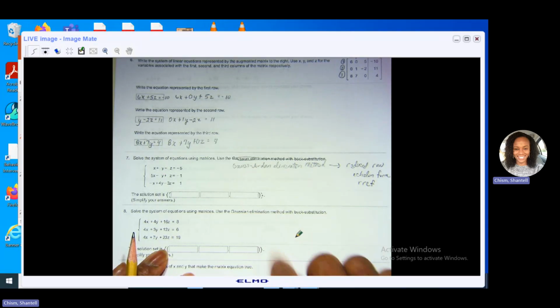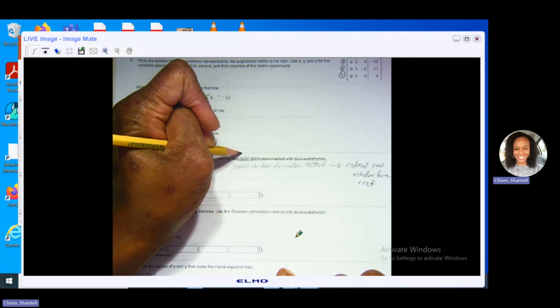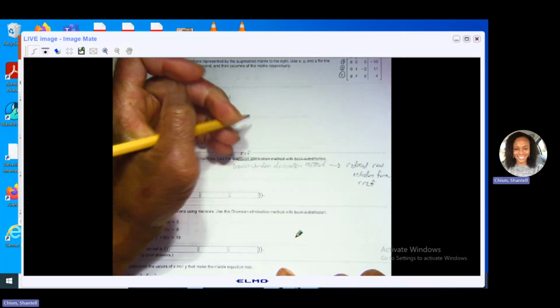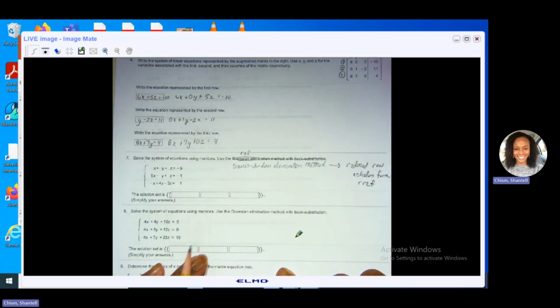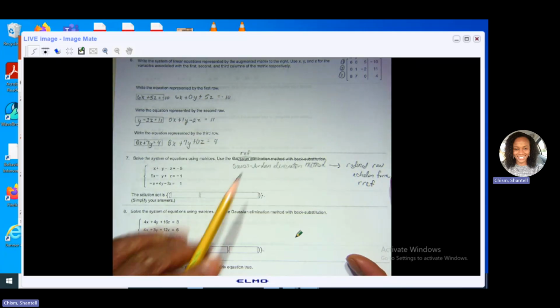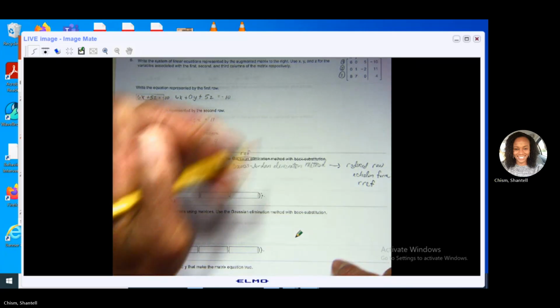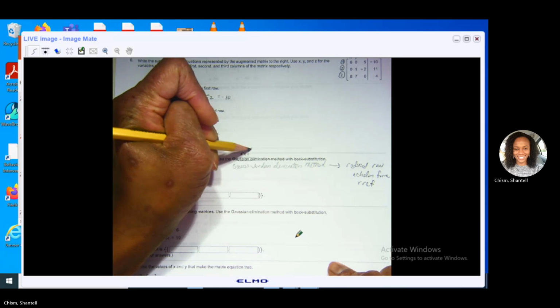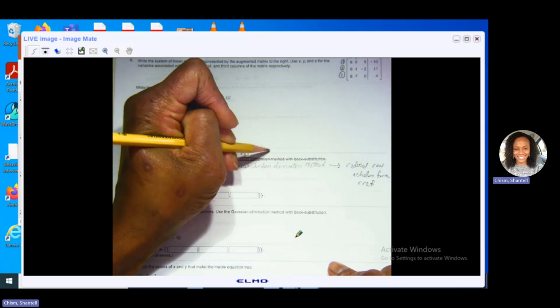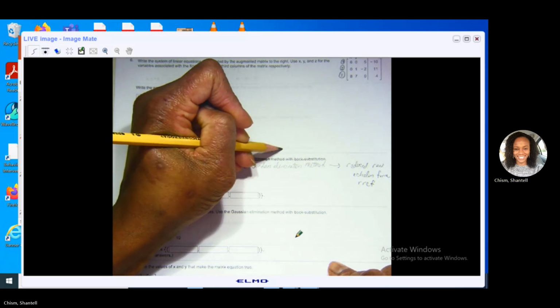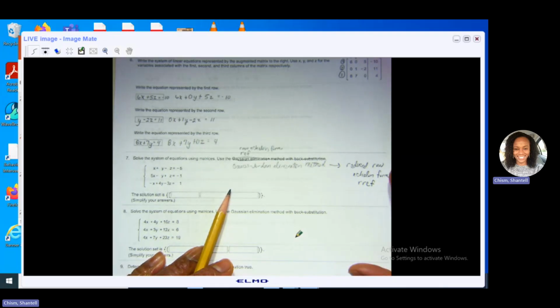Gaussian elimination is known as just REF, row echelon form. Gauss-Jordan is known as reduced row echelon form. So it'll be the 2 R's, okay?